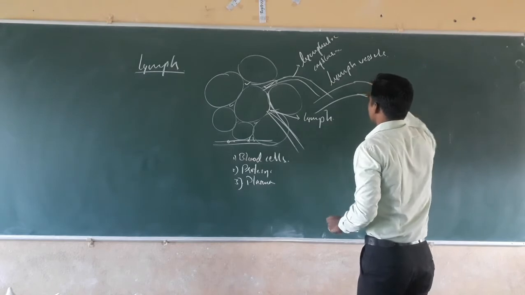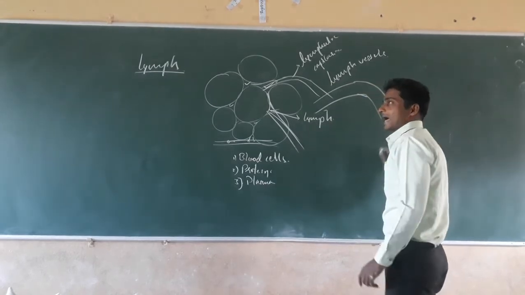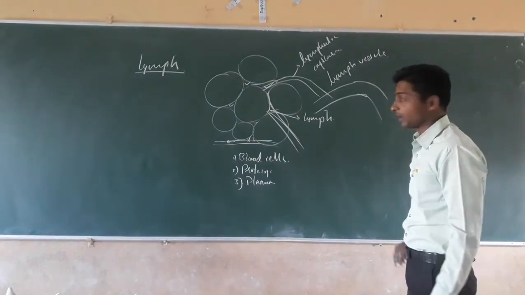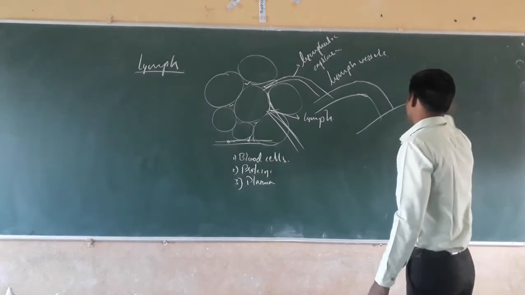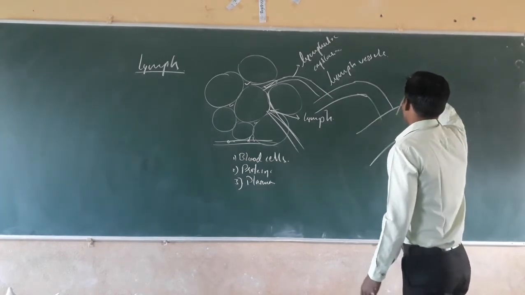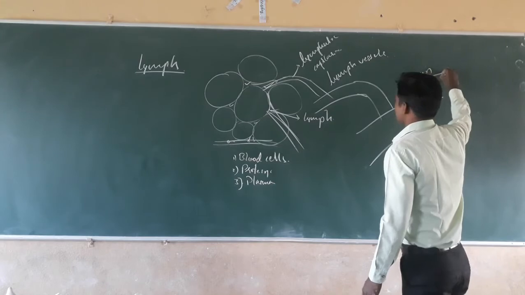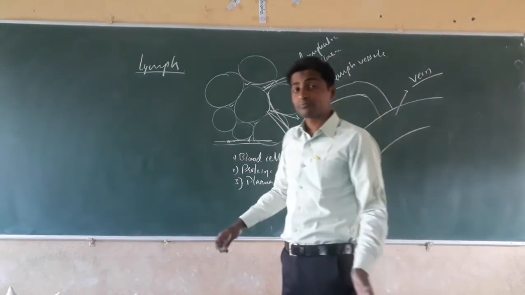These lymph vessels open into large blood vessels, the veins, and the vein again goes to the heart, carrying the blood to the heart.